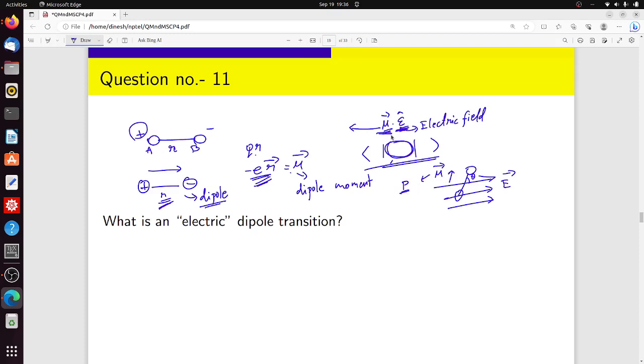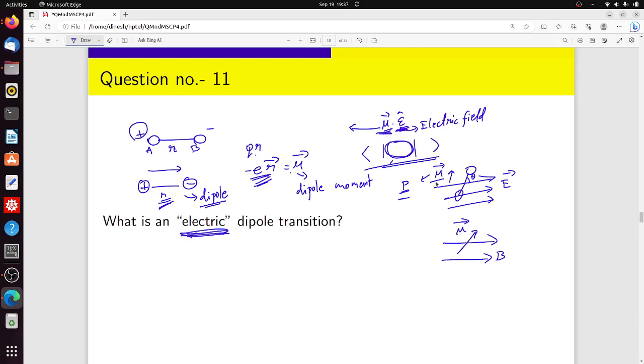Okay, so just take this mu as the electric dipole. If there is a magnetic field, then this mu will be the magnetic dipole. Here we have considered electric, so this is an electric dipole.